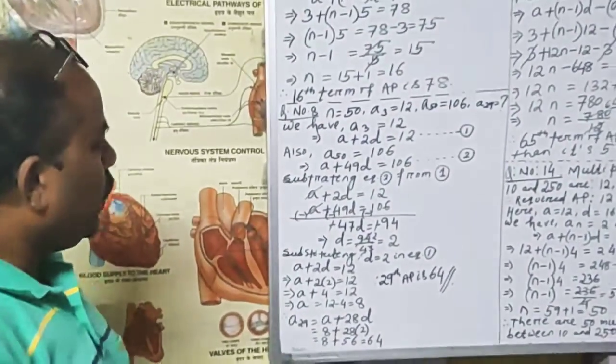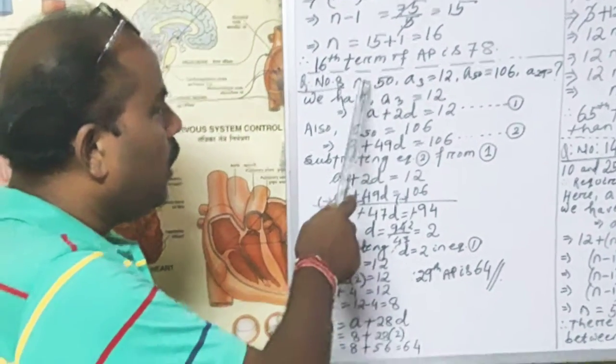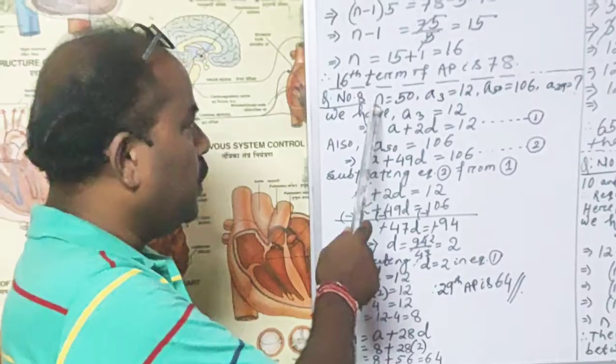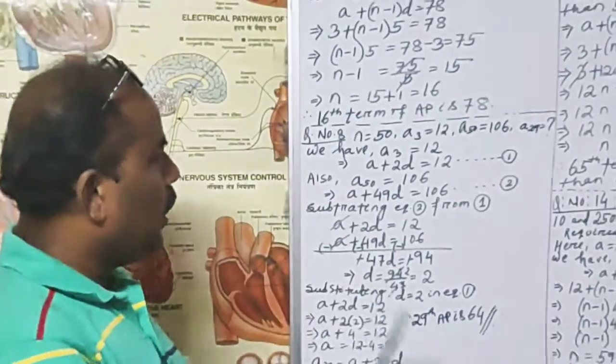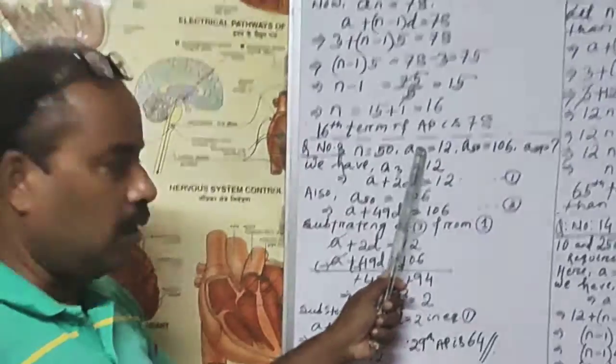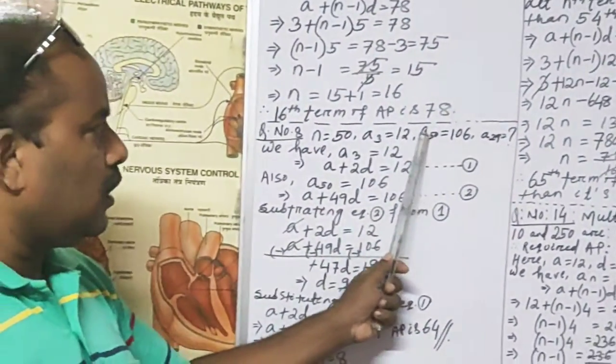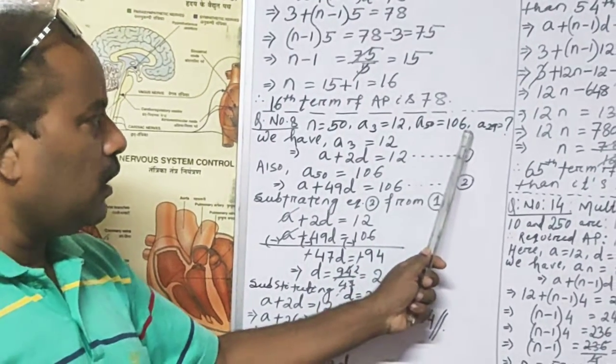So in the question, in the AP, how many terms are there? 50 terms are there. That means the n value is 50. Then a3, meaning the third term, is already given as 12, and the 50th term, a50, is equal to 106.